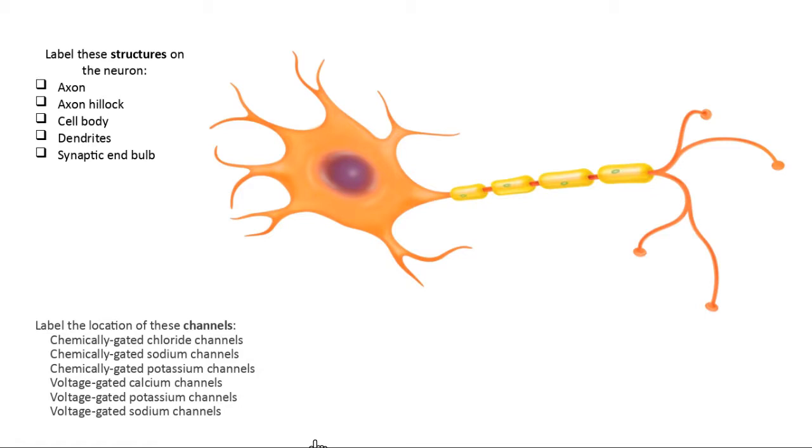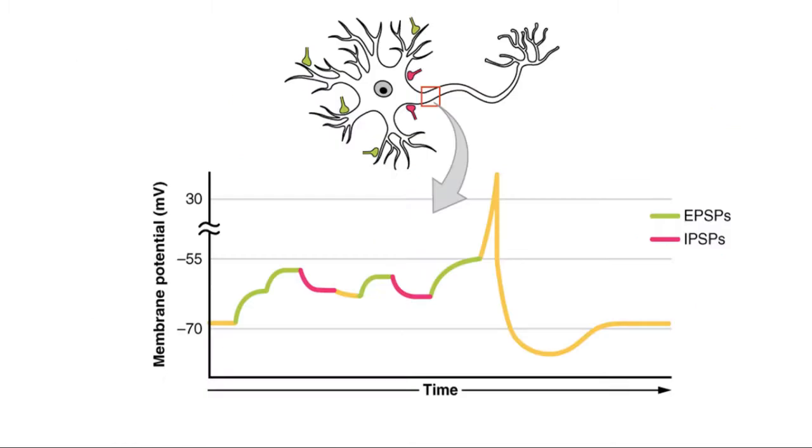Okay, so Ariel's asking about summation. Let me pull up our picture really fast and we'll look at that right here. The process of summation is when a neuron receives multiple messages and adds them together, allowing that neuron to figure out whether or not it's supposed to respond.